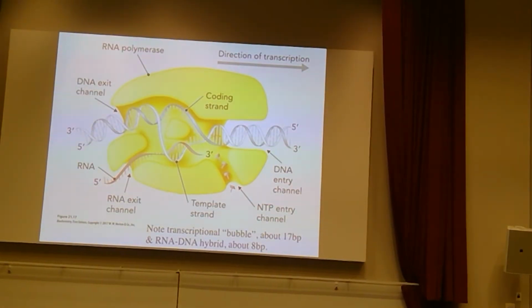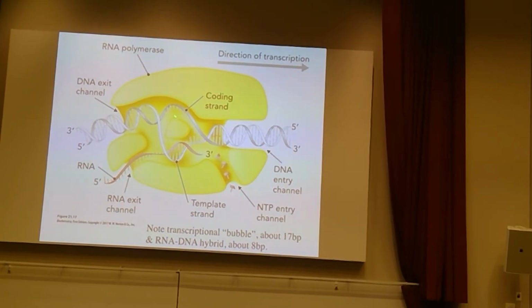Just to show you what that transcriptional bubble looks like again, we just need to pop open a little bit of the DNA double helix to provide for the template strand to be used to associate the incoming nucleotide triphosphates, right? And the reason that we have a template strand and a coding strand, you think that they would kind of be synonymous.